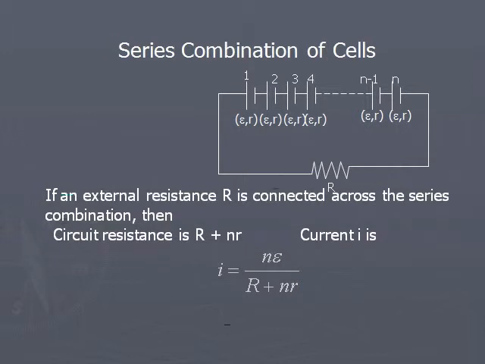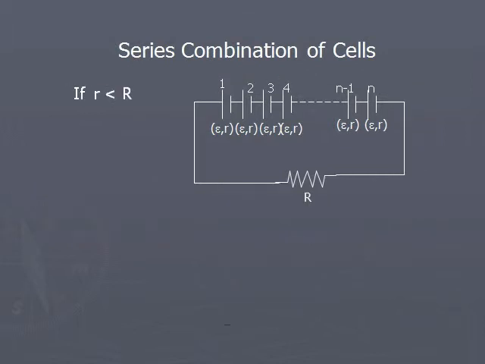If small r is very small, negligible compared to capital R, then I will be equal to nE by capital R, by neglecting nr. This can be neglected when the internal resistance is very small compared to the external resistance. In such a case, the current will be equal to nE by R.